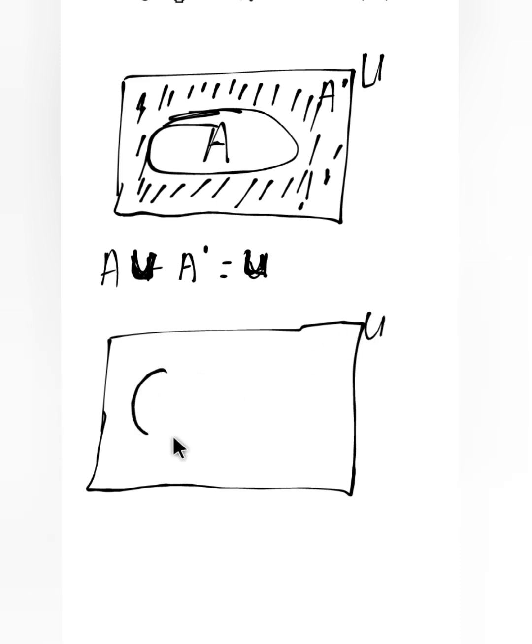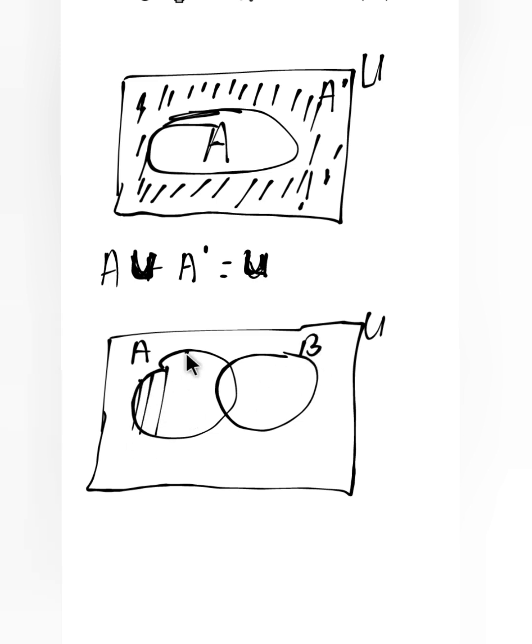Call this set A and call this set B. Now this part of the set is known as A difference B. Now A difference B comprises this part of it. So this part is A difference B.